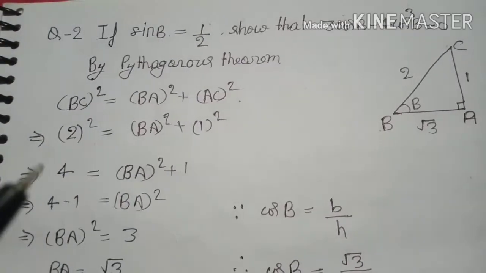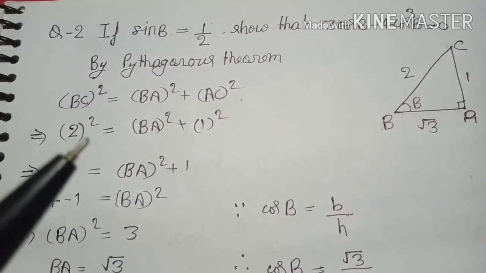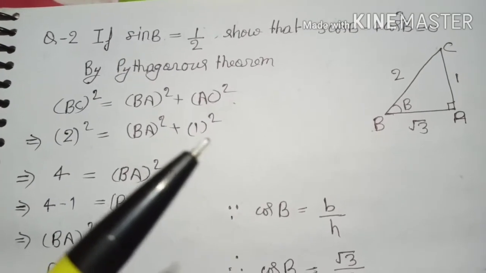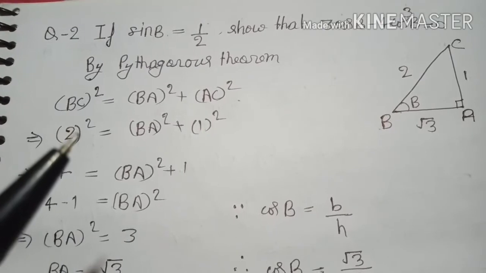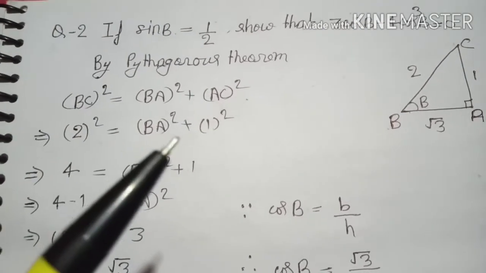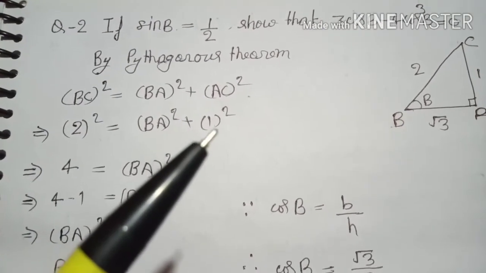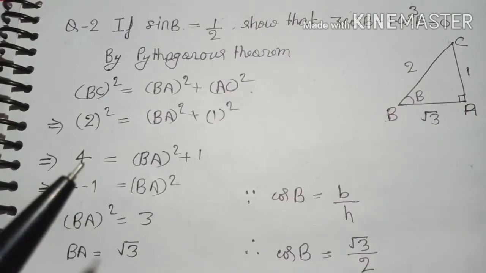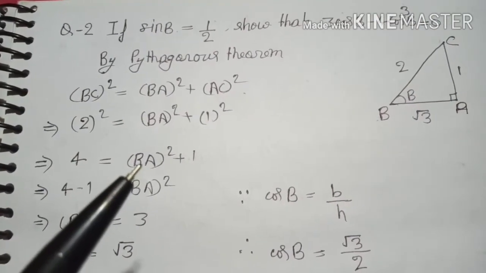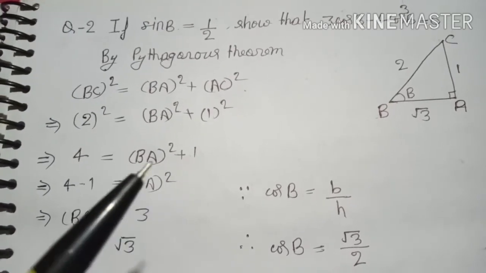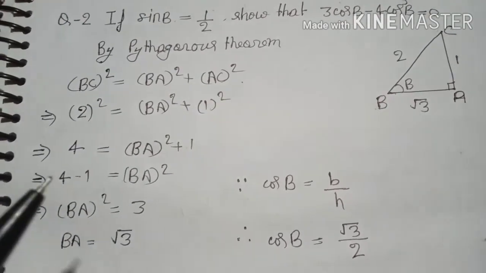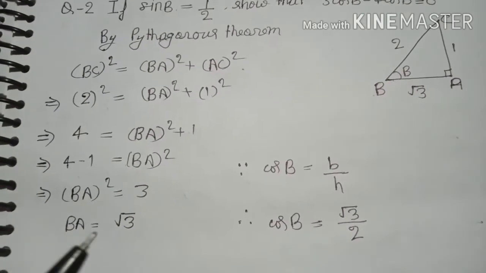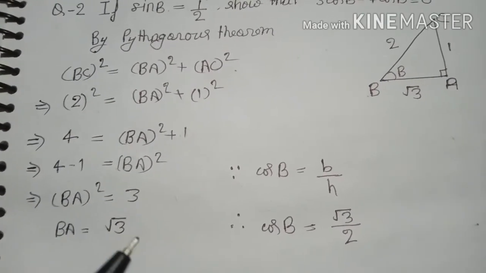The value of hypotenuse is 2 and the value of perpendicular is 1. So 2 square, that is 4, is equal to BA square plus 1. So BA square equals 4 minus 1. BA square is equal to 3, that is BA equals root 3.